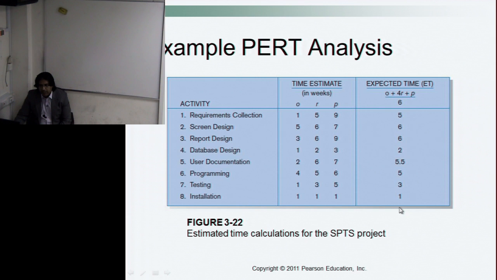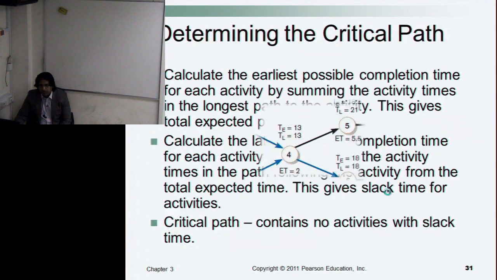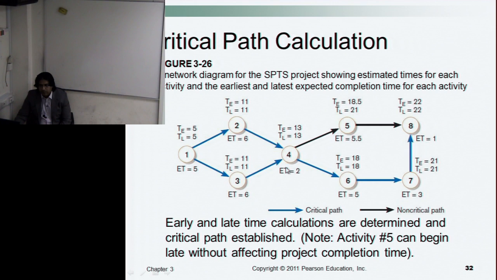So, we have already calculated these expected times, and these are now shown with the activities on the network diagram. So, you can see activity 5 has the expected time as 5.5.